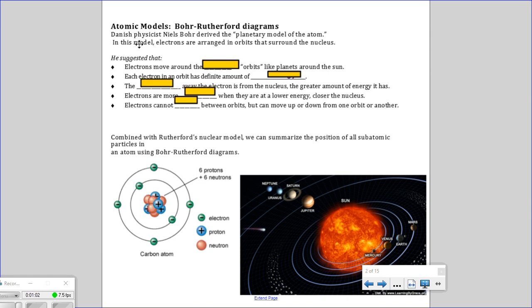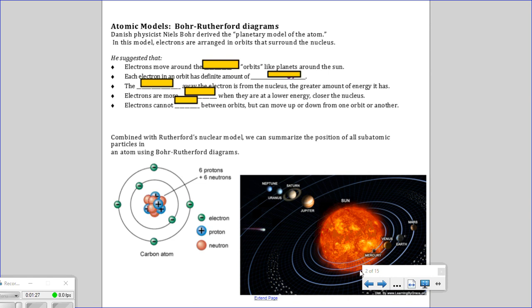The Danish physicist Niels Bohr derived the planetary model of the atom, and this is what the Bohr Rutherford diagram is going to be based on. In this model, electrons are arranged in orbits that surround the nucleus. So we'll have the nucleus at the center, kind of like our solar system.